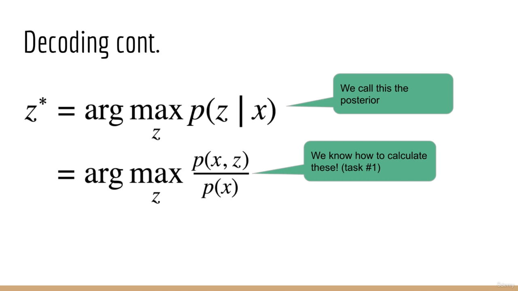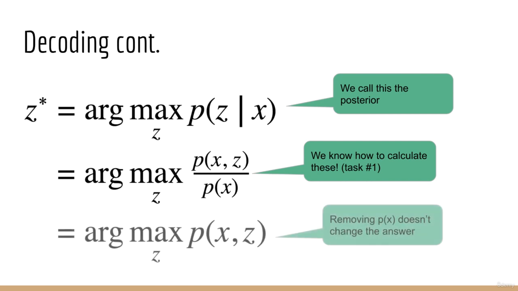This is just the rule of conditional probability once again. Of course, we know how to find both of these from task number 1. Furthermore, since we are taking the max over all possible values of z, this actually doesn't depend on P of x at all. Therefore, this is the same as maximizing over the joint distribution P of x and z. Now that we know this, the rest is easy.